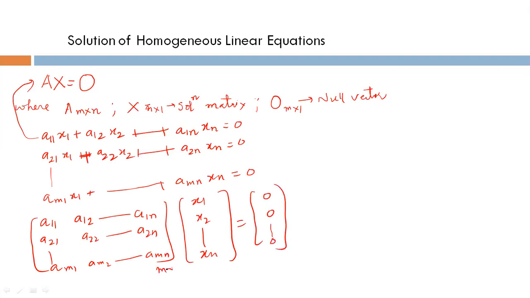It is an m cross n matrix, it is an n cross 1 matrix, it is an m cross 1 matrix. We replace it by capital A, and this by capital X, and this is your null matrix O. Now the right side is 0. This is a homogeneous representation of linear equations.